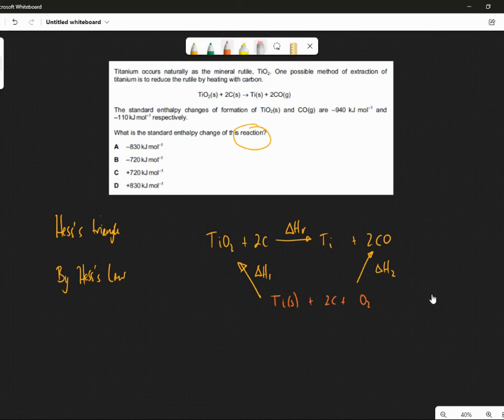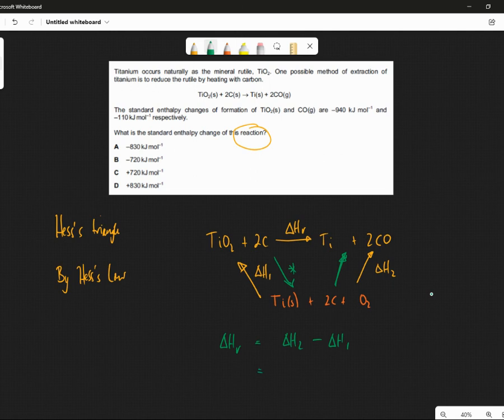Well done, Monet. Right, so using this, delta HR, the one I need is this direction to there. So this direction is minus delta H1, and this direction is plus delta H2. What is delta H2?